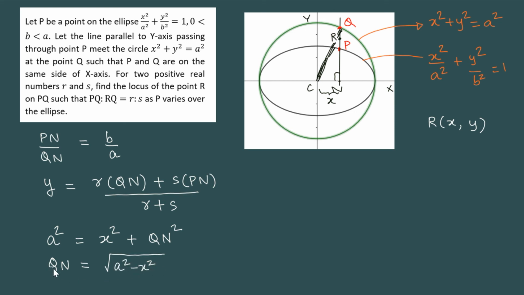Once you have QN, you also have PN, which I can write as b by a into QN.